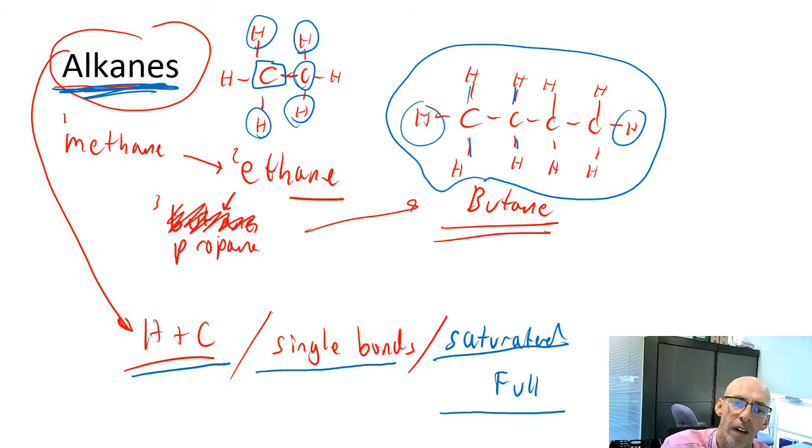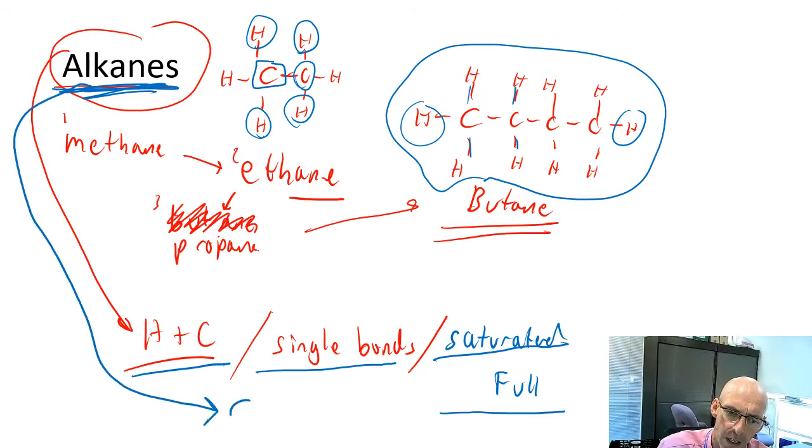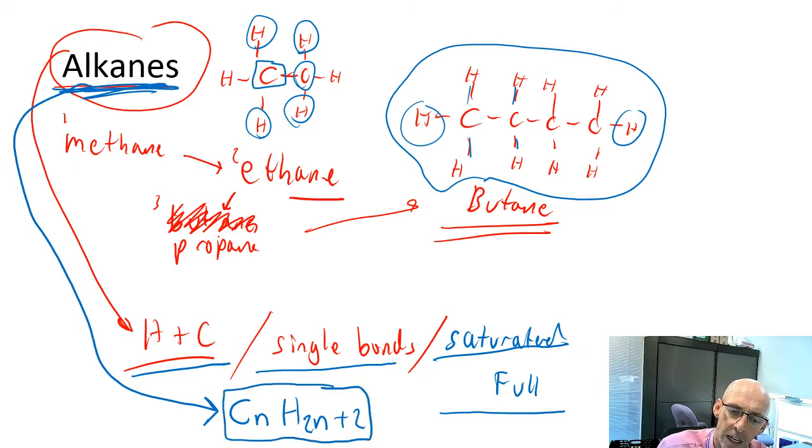So if we want the formula of every single alkane, here's the secret magic bit, every single alkane has this formula. C, number, so the number might be 6. H, what do I have to do with it? Well, I have to double the 6, and then I have to add the 2 on the ends. So this is called the general formula for every single alkane.